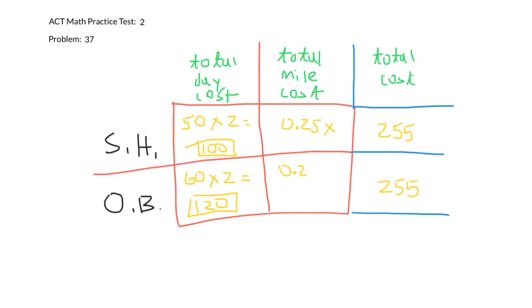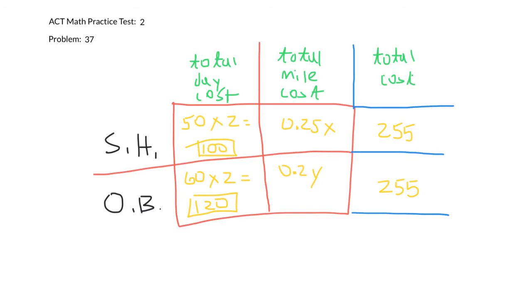I don't want to call that x, because it's probably a different number, and therefore I'm going to call it y, okay? So in other words, x represents the amount of miles you're able to travel with the Seahorse Company if your fixed cost is 255, and y represents the amount of miles you're able to travel with the Ocean Blue Company, assuming the fixed cost is 255.